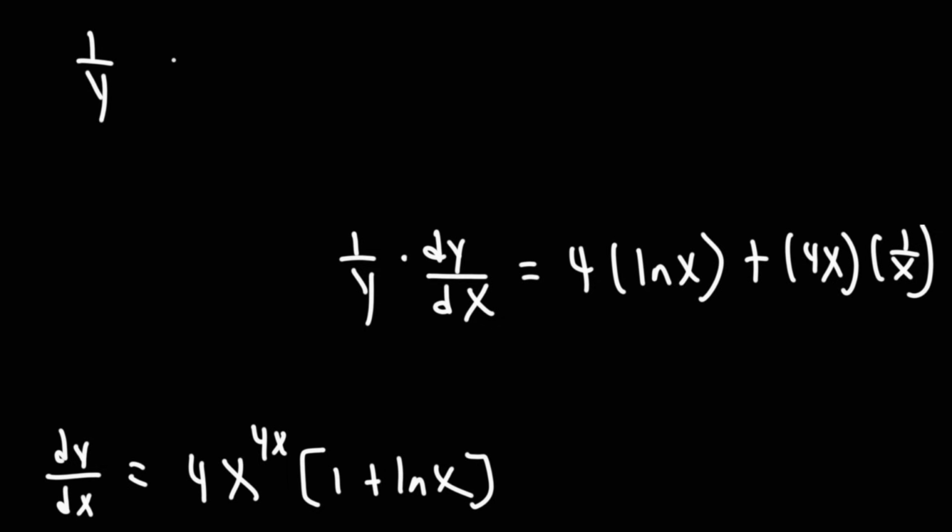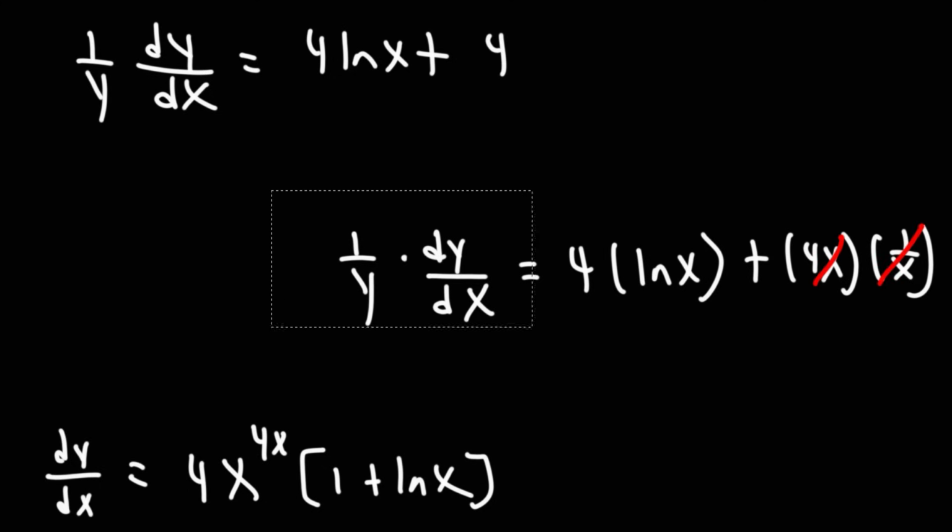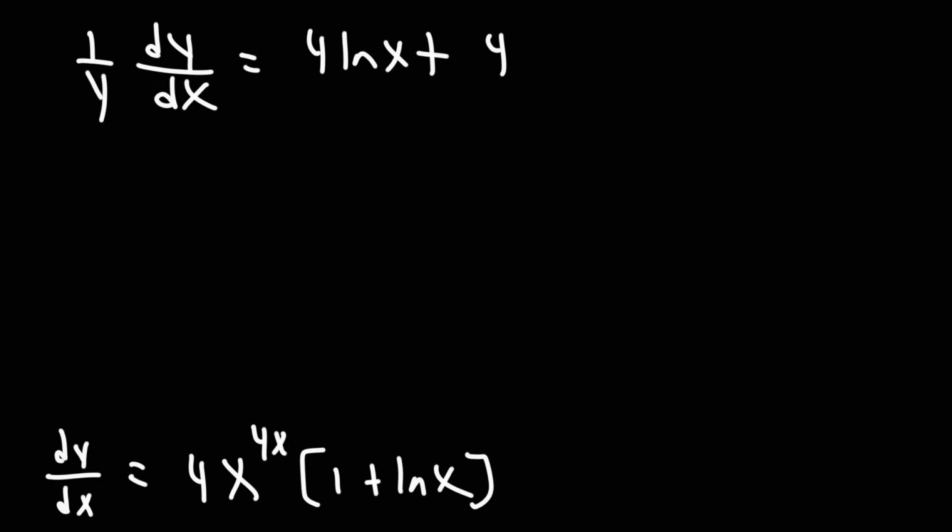So right now we have 1 over y, dy/dx is equal to 4 ln x plus, here x and 1 over x will cancel, so we just get 4. Now in the next step, we can factor out a 4. So we have 4 times (ln x plus 1).